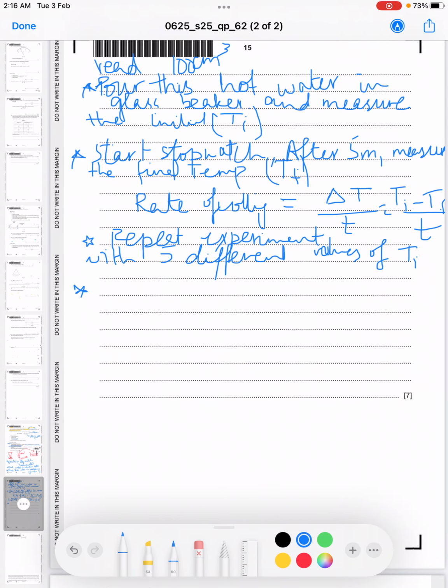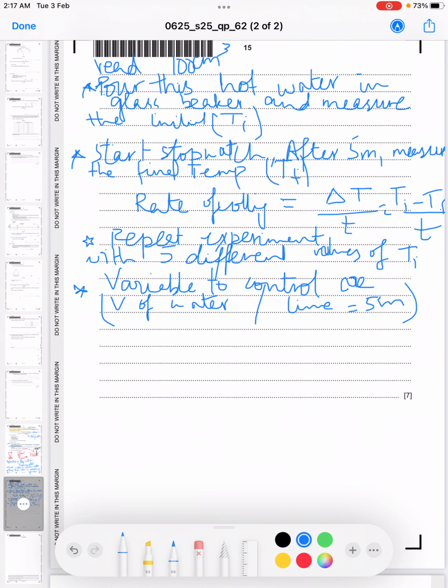So again, the variables to control are the volume of water and time, that is 5 minutes.